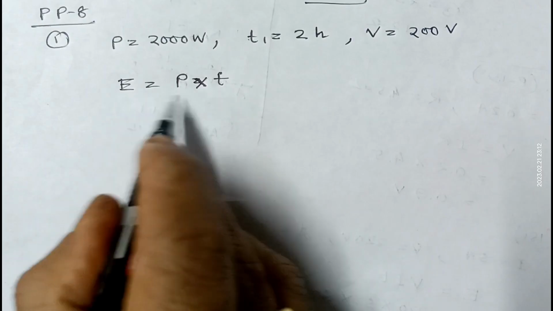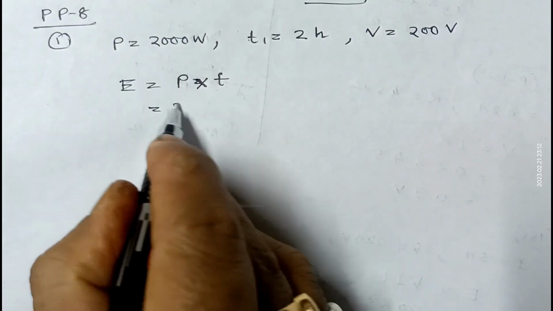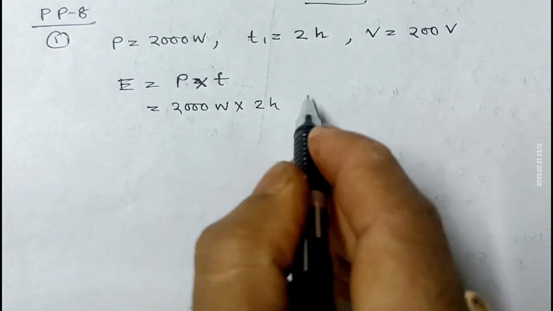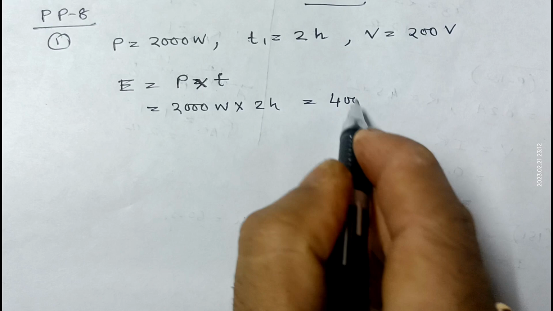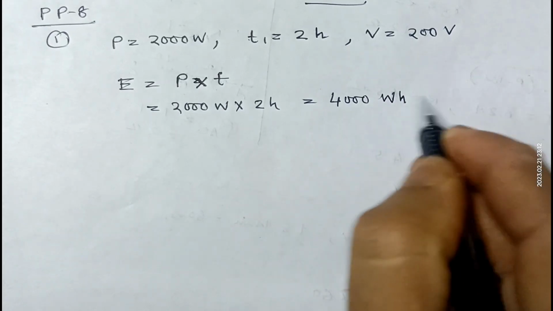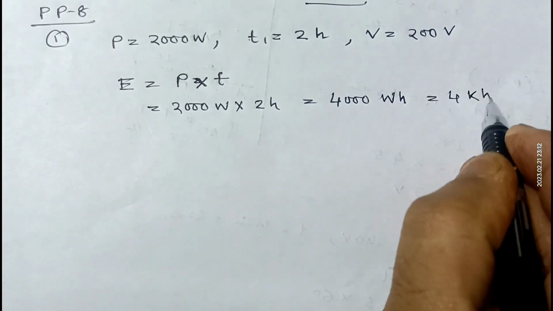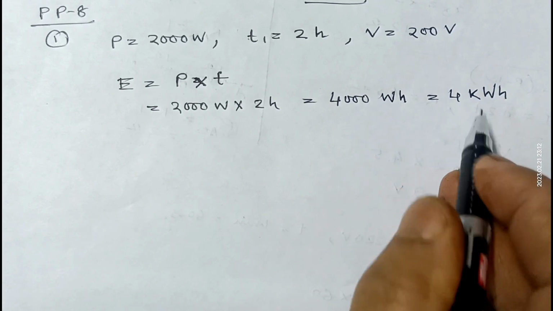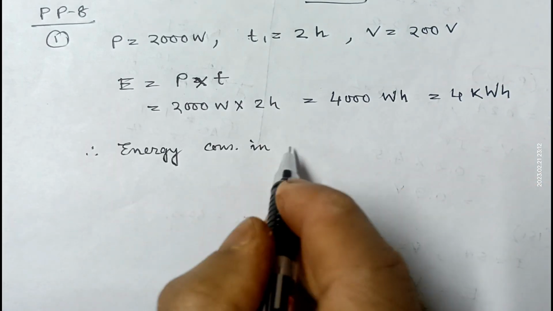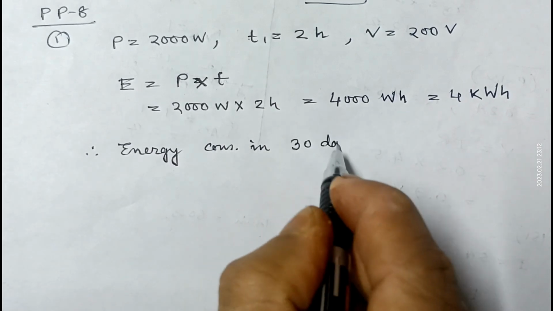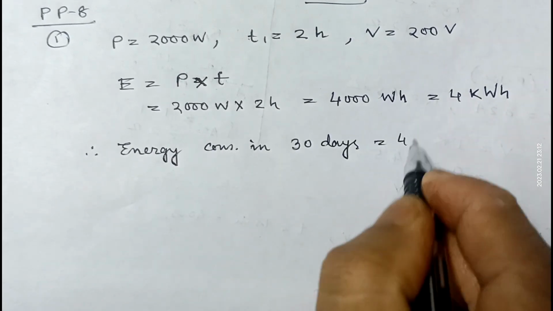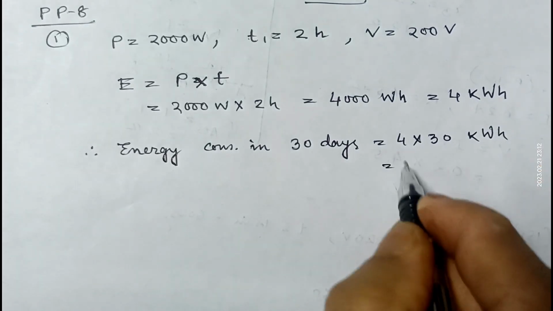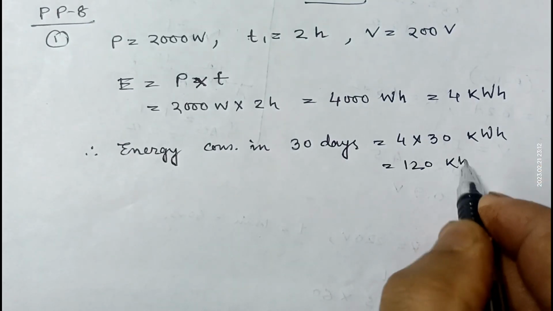We know energy consumed is power into time. Here power is 2000 watt and time is 2 hours daily. So it will be 4000 watt hour, which will give 4 kilowatt hour. So that means daily energy consumption is 4 kilowatt hour. Therefore energy consumption in 30 days will be 4 into 30 kilowatt hour, which will give 120 kilowatt hour.